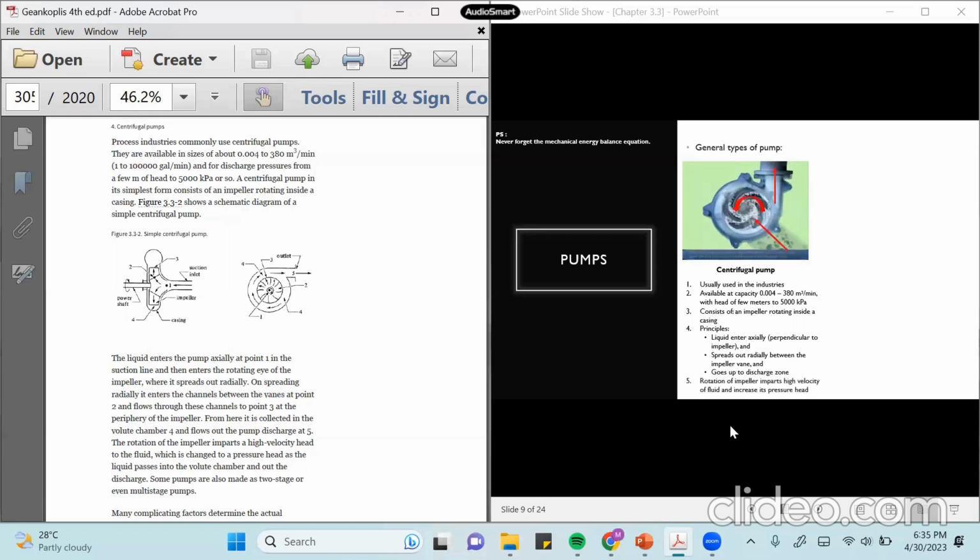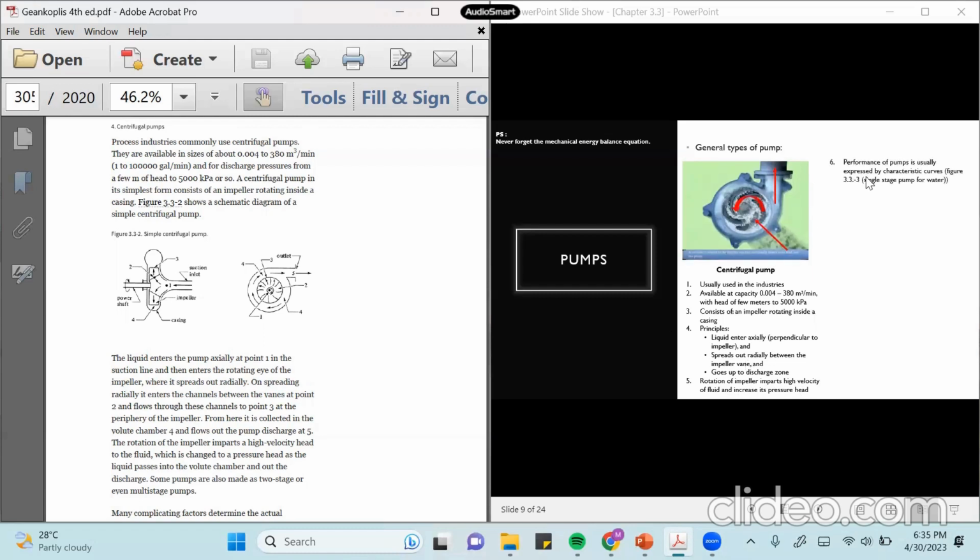The rotation of the impeller imparts high velocity to the fluid and increases its pressure head. So the more intensive the rotation is, the higher the velocity of the fluid, and of course the higher the pressure head of the liquid.